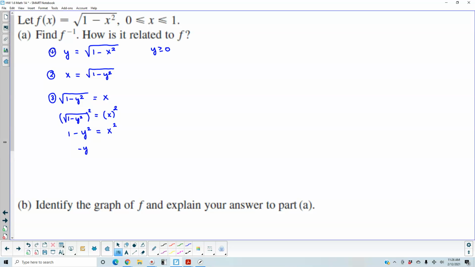So we get negative y squared, which is equal to negative 1 plus x squared. And then dividing by negative 1 is going to change the signs for all of them. So y squared is going to equal 1 minus x squared.